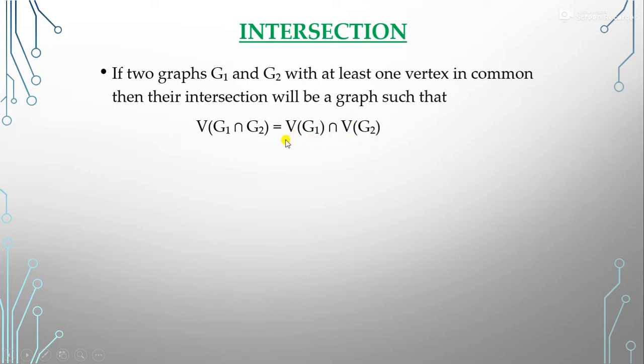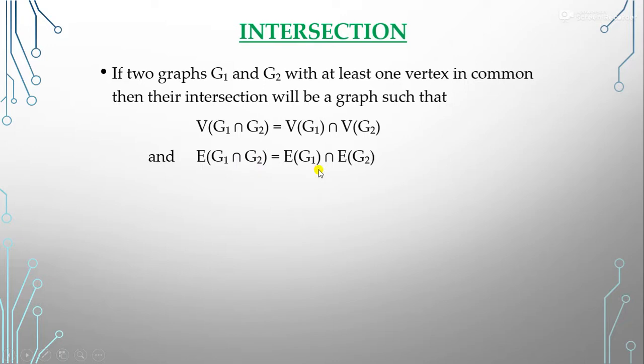It means that we take the vertices in G1 intersection G2 which are common in both graphs G1 and G2. And the edges of G1 intersection G2 is equal to the edges of G1 intersection edges of G2. It means that we take the edges which are common in both graphs.